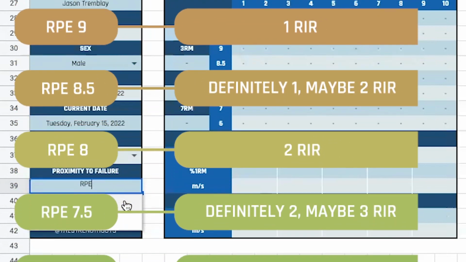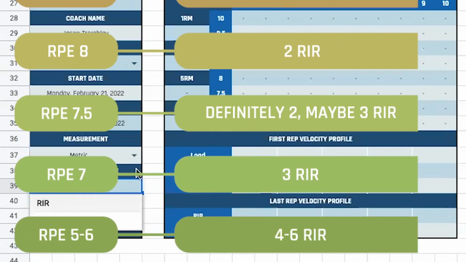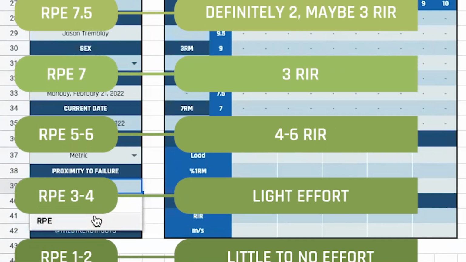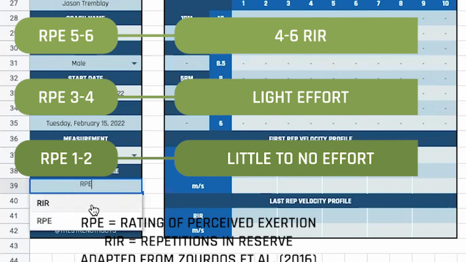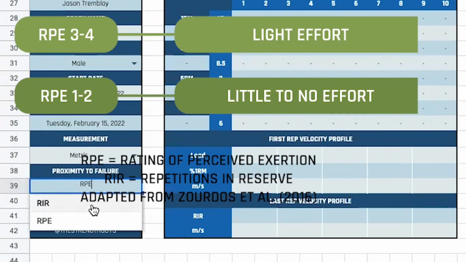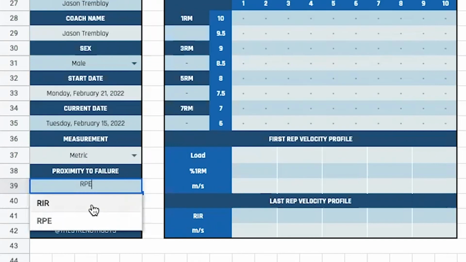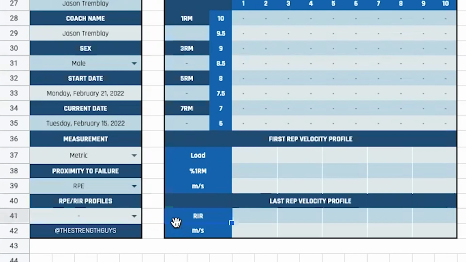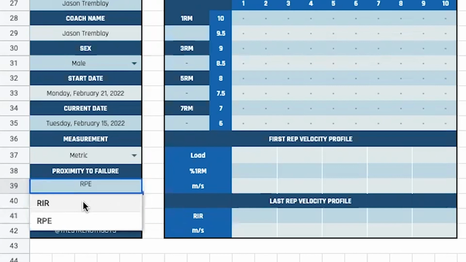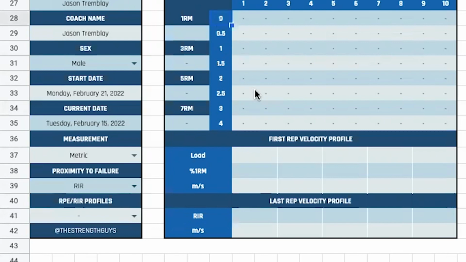RPE 9 represents 1 repetition in reserve. You can select which one you want to use with the client based on how you want to communicate that with them. I like to use RPE just because my clients are used to it. But if you select RIR, then all of our RPE tables will adjust accordingly.